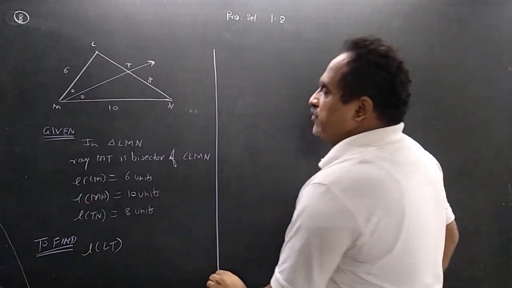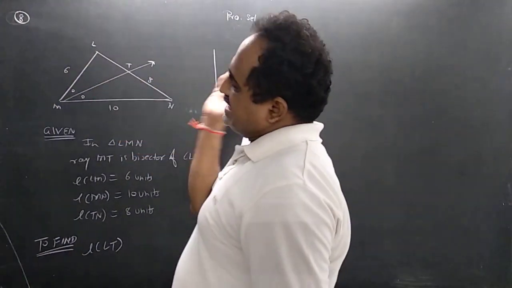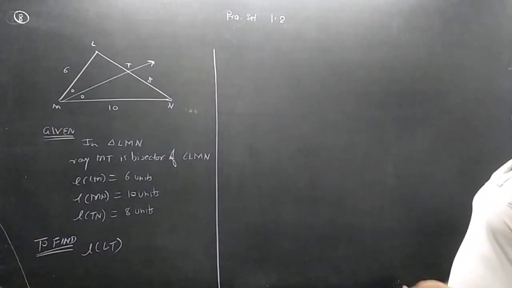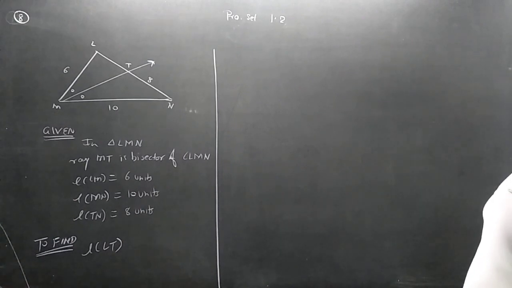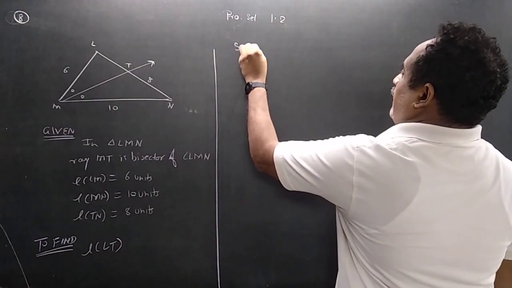So for this question again, MP is a bisector of angle LMN. So we are going to apply the theorem of angle bisector of a triangle. So we can directly write the solution.